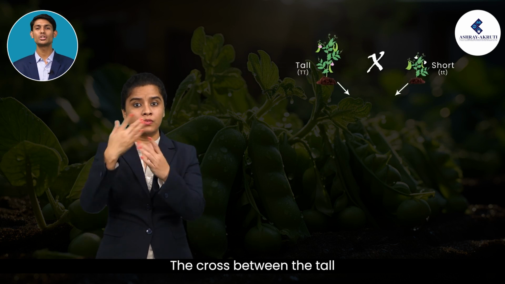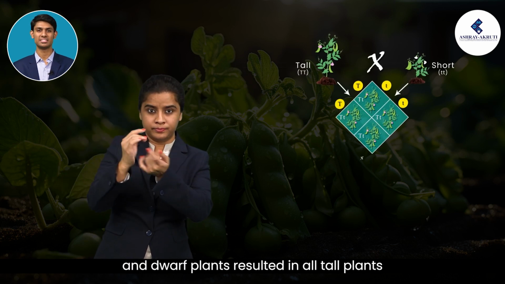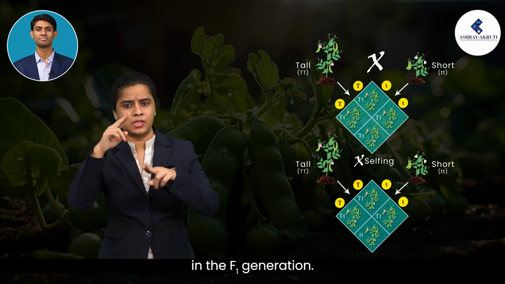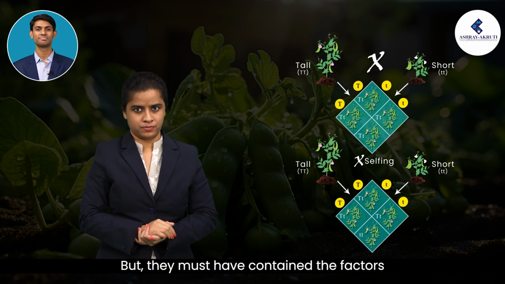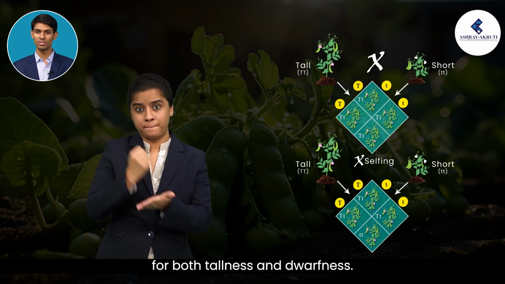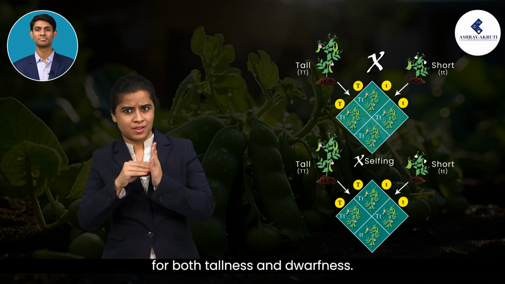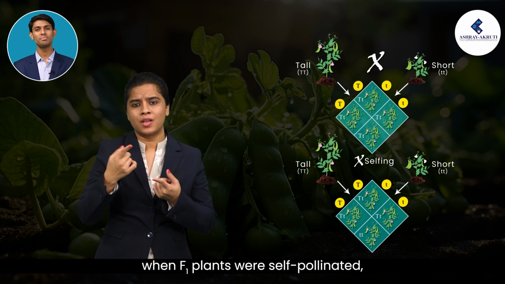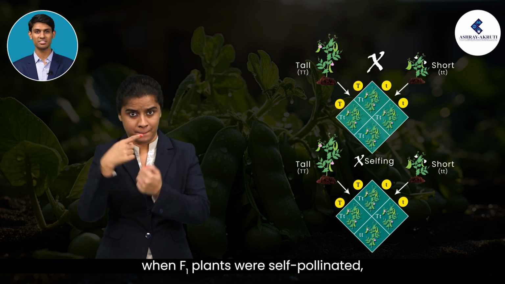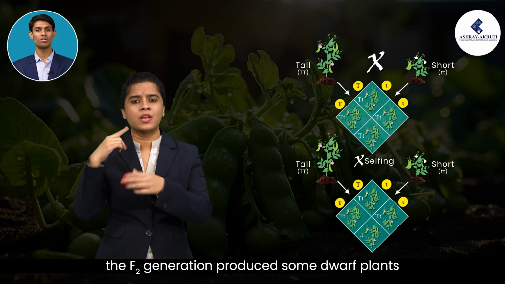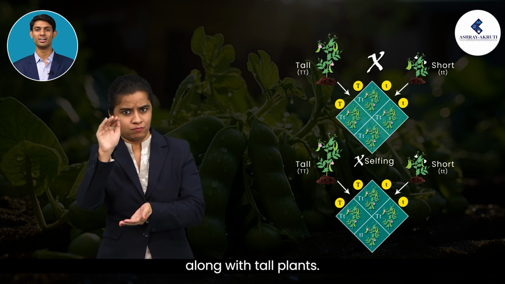The cross between the tall and dwarf plants resulted in all tall plants in the F1 generation. But they must have contained the factors for both tallness and dwarfness. This is because when F1 plants were self-pollinated, the F2 generation produced some dwarf plants along with tall plants.